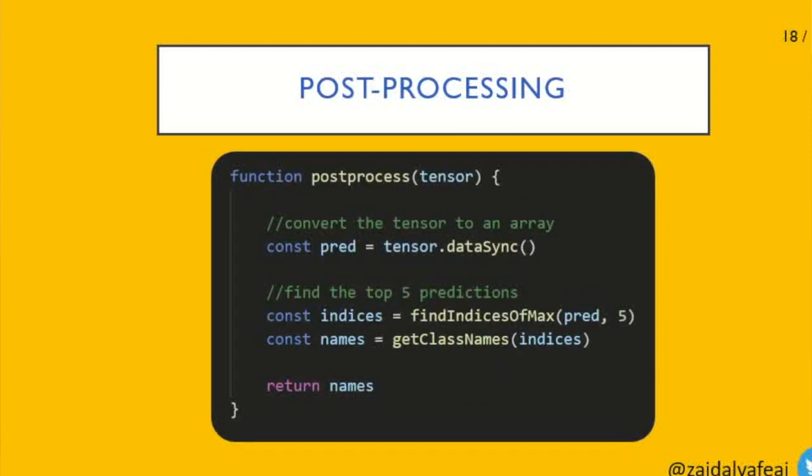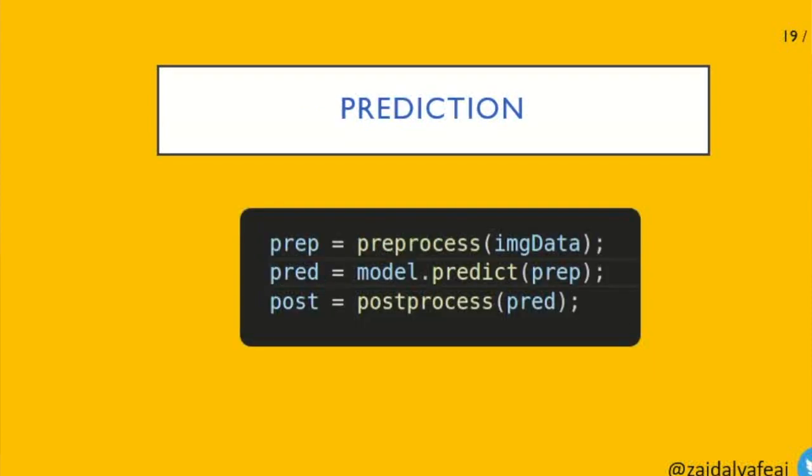After that, you need to do some post-processing. For instance, you need to find the top classes that you predicted, and you need to have the class names. So this is the basic structure. You need to do preprocessing for the image data, then you predict, then you do some post-processing.